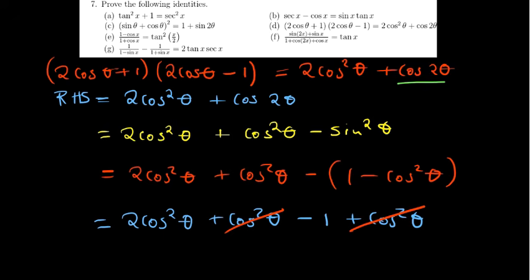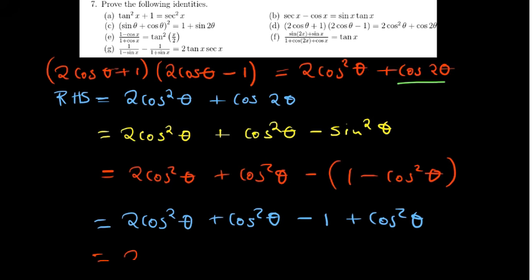Let's clearly see what we've done here. The negative applies to the 1, it becomes a negative 1, and then the negative applies to the cosine squared of x, it becomes now a positive.